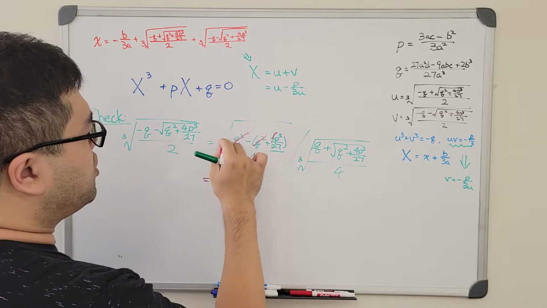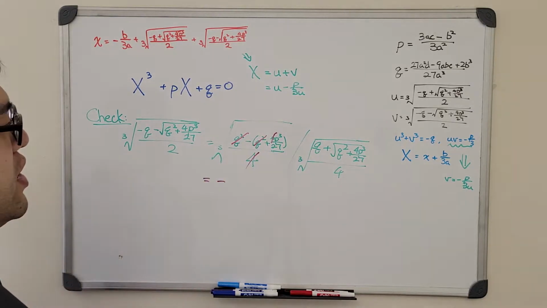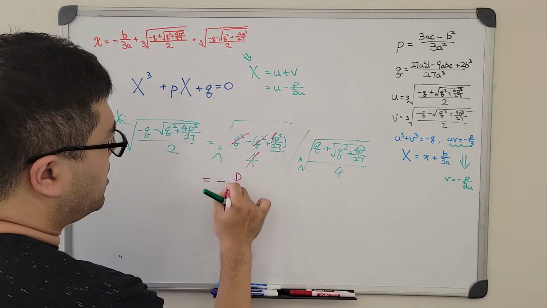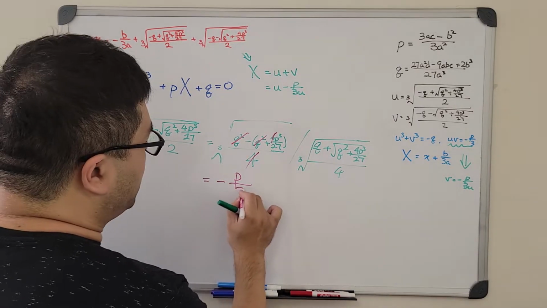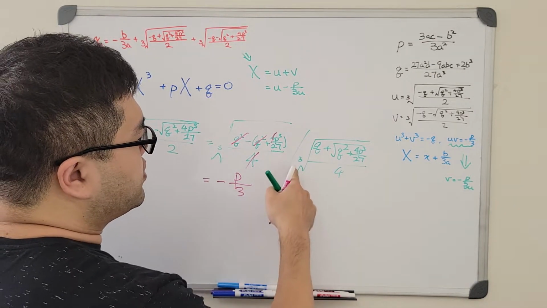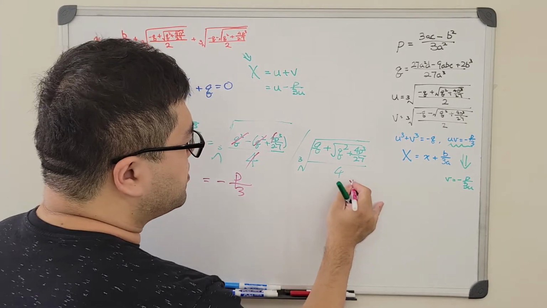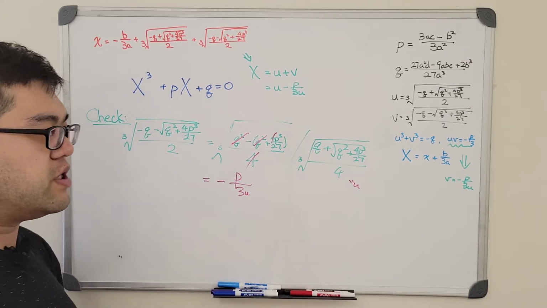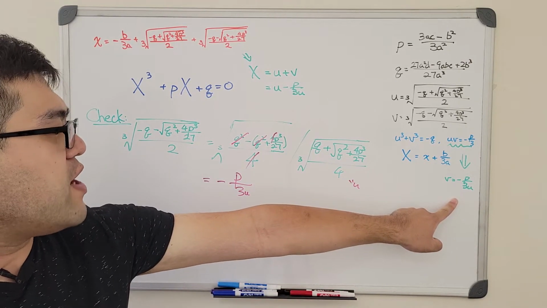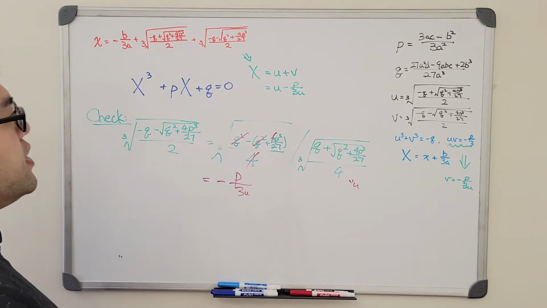And since it's a cube root, we can take the negative out, and then p cubed will turn into p. 27 is 3 cubed, so with the cube root, we will end up with 3 here. And then we will divide this whole thing by, again, this is what we call u. So we are going to divide this whole thing by u, meaning that we put the u in the denominator. So we just verify that v is actually equal to negative p over 3u. Okay.